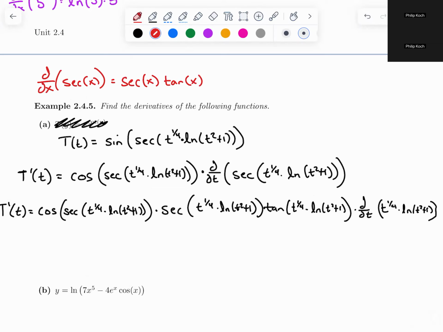So that means that d/dx of secant of f of x is secant of f of x tangent of f of x times f prime of x. Let's write that down, and then we'll digest it again.